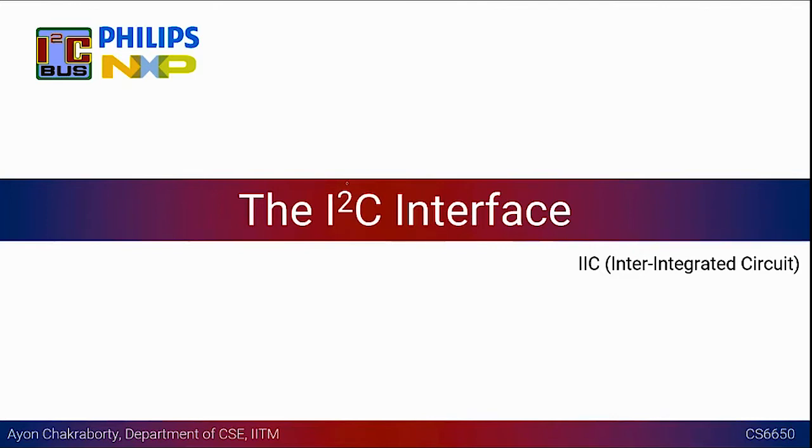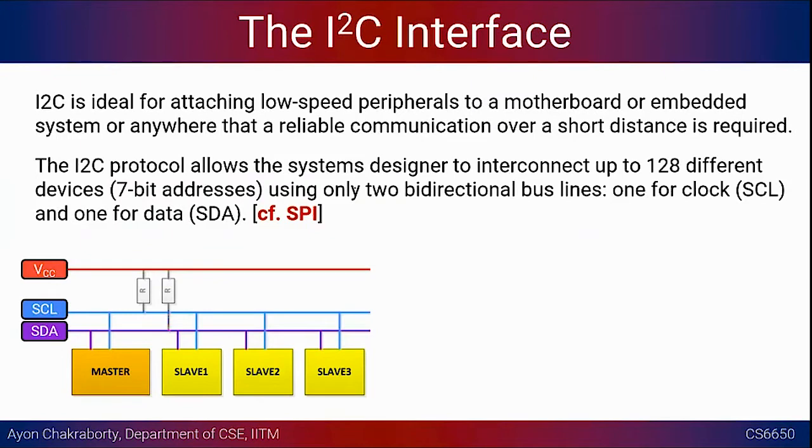In case of I2C, this is ideal for attaching low speed peripherals to an embedded device for reliable communication over a short distance. The protocol allows system designers to interconnect up to 128 different devices. There is an addressing scheme where every slave device possesses a 7-bit address, using only 2 bidirectional bus lines, one for the clock and the other for the data.